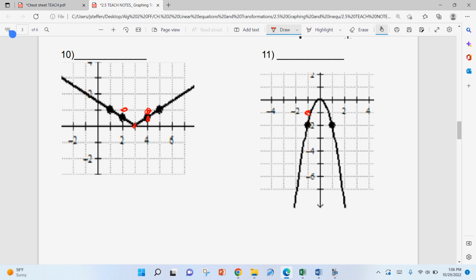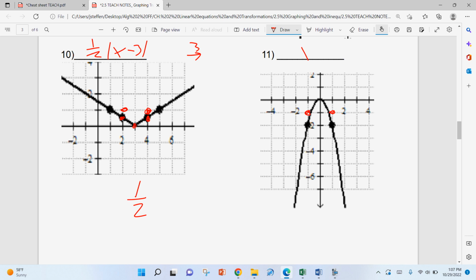This one usually go 1, 1, but it's not. It's a little bit further down on number 11, and it's squished a little bit on number 10. So since it's squished, it only goes up to 1/2. That means we multiplied the y value by 1/2. So it's 1/2. Then it's the absolute value of x. And we went to the right 3, so it's x minus 3. We didn't go up or down at all, so you can leave it like that.